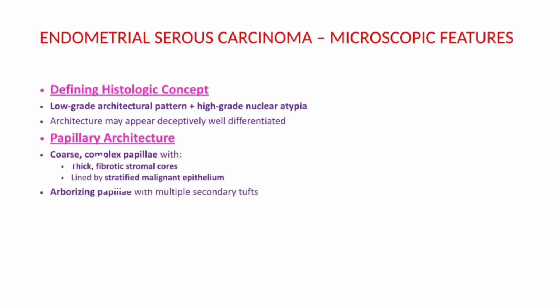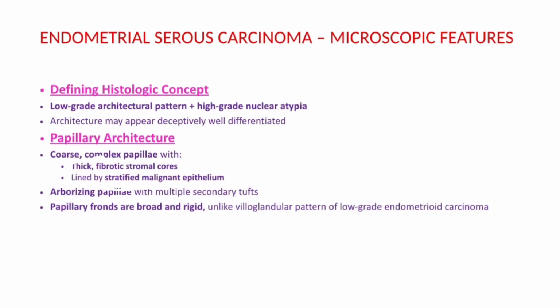There are arborizing papillae with multiple secondary tufts, and papillary fronts are broad and rigid, unlike the villoglandular pattern of low-grade endometrioid carcinoma. That will have a thin and slender papillary front. Here it is broad and rigid.